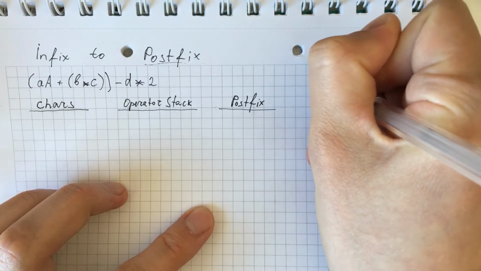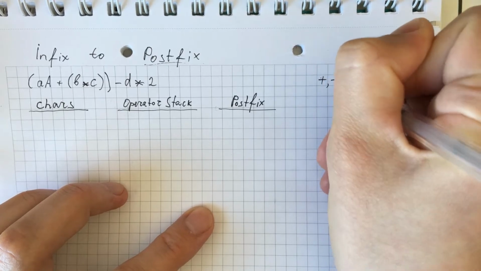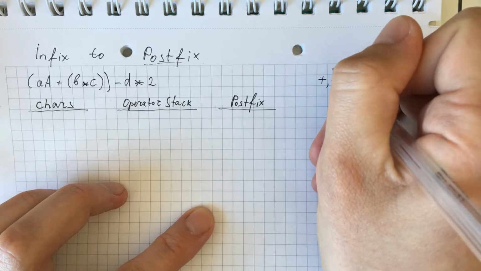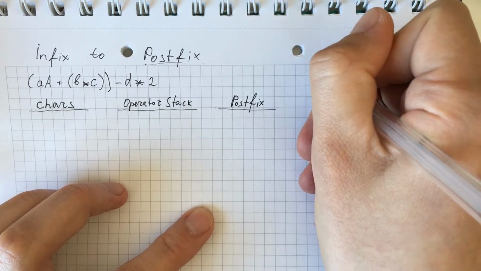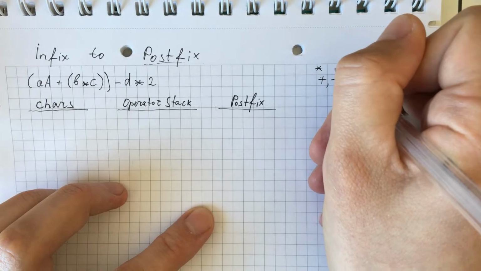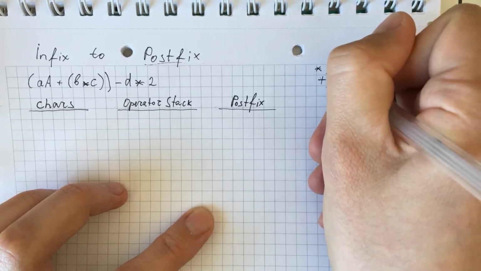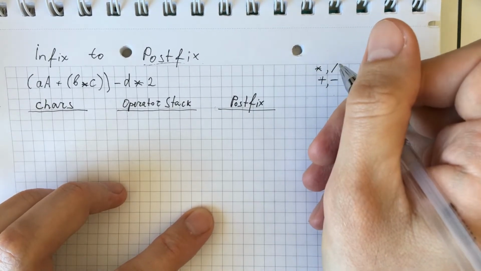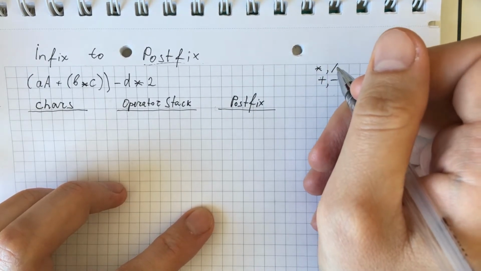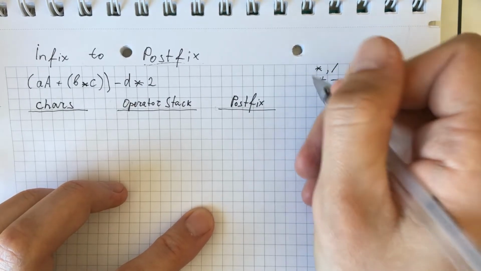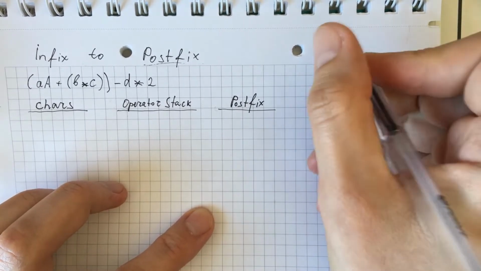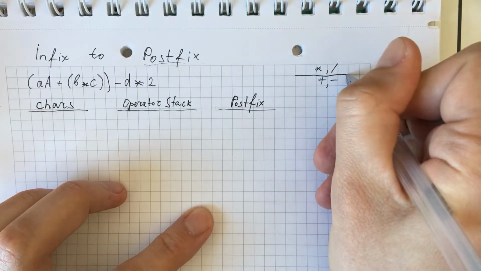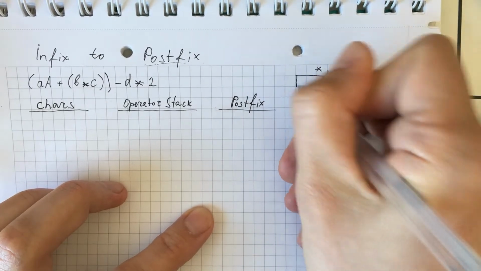Plus and minus usually have lower precedence, but multiplication and division have bigger priority. I mean, it's hard to conceptualize this, but for myself, I visualize it as a small pyramid, right?